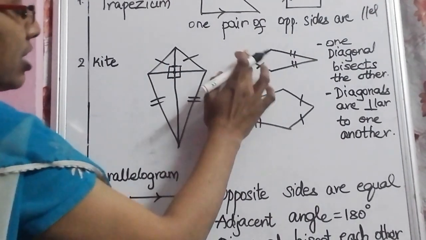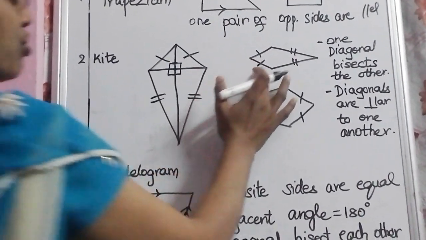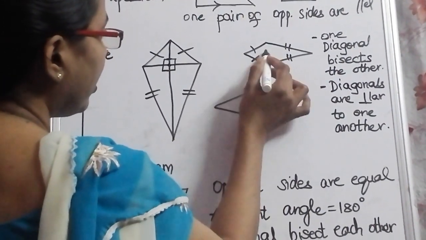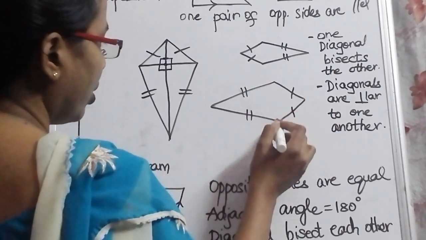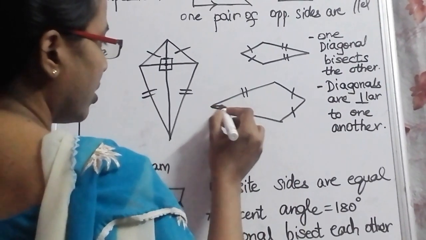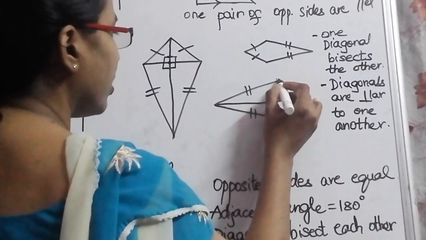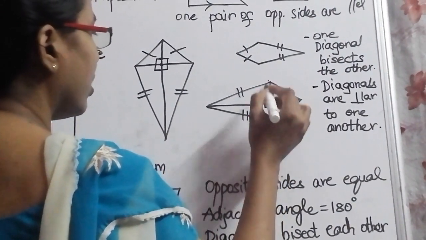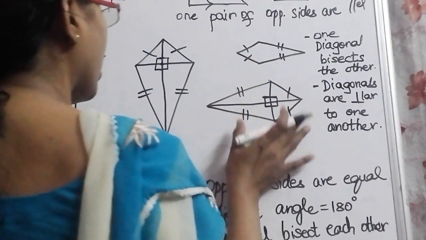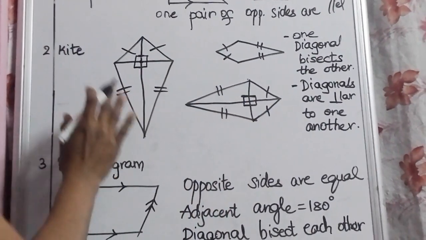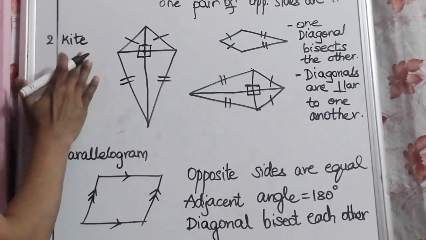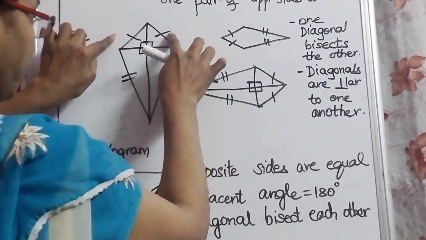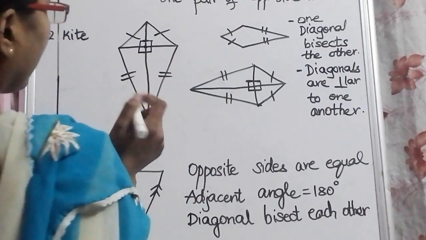In any picture you take, if you draw the diagonals, the angles formed will be 90 degrees. I am drawing rough figures. So the properties of a kite are that two pairs of sides are equal to each other.